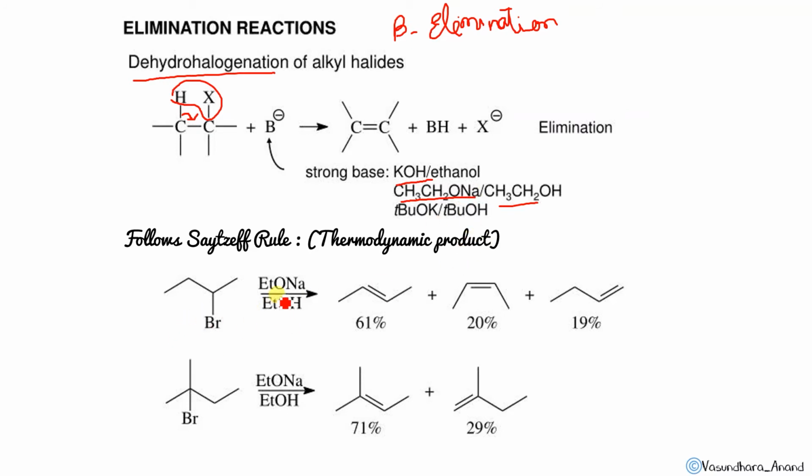Okay, so see, EtONa, if it reacts with this, it will give you 61%. Like this one is the more alkylated, CH3 and CH3 more alkylated. Here also it is more alkylated, isn't it? But here less alkylated. So the less alkylated will be the least amount, and trans product will be more than cis product. This is trans and this one is cis.